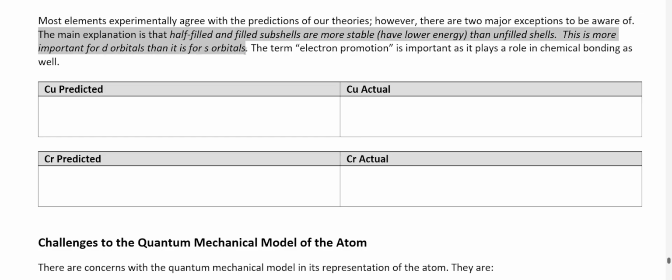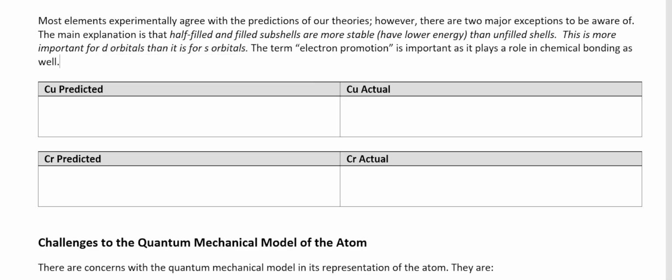This is more important for d orbitals than it is for s orbitals. The term electron promotion is important as it plays a role in chemical bonding as well. So again, the idea here is half-filled and filled subshells seem to be more stable than unfilled shells, and it's more important for D than it is for S.